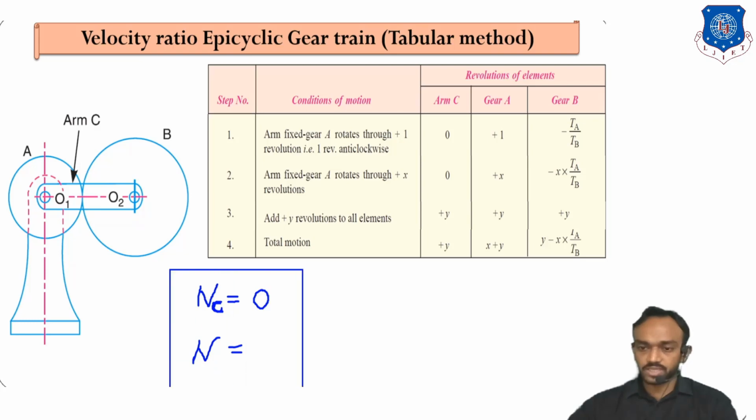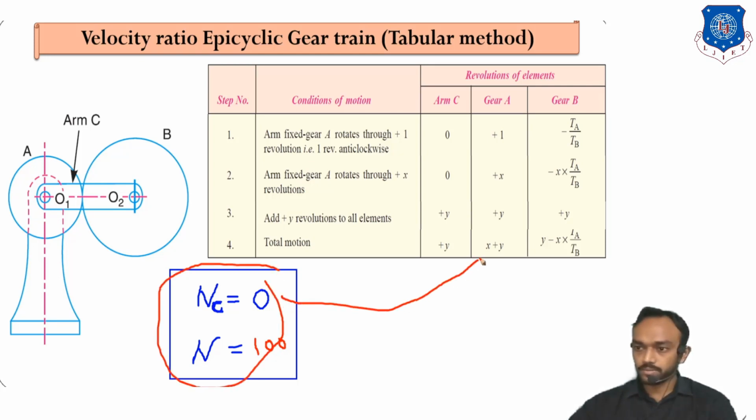So they always give 2 RPMs for any 2 components, like I can say here 100.